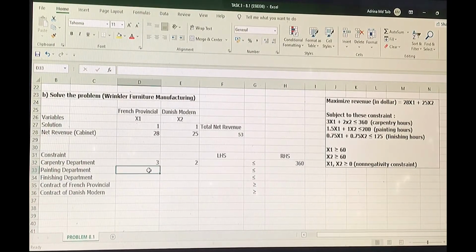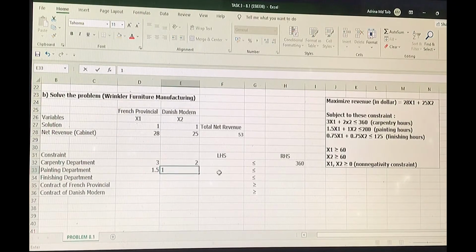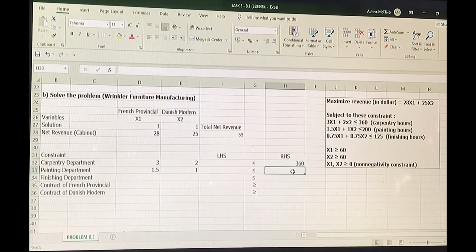Secondly, for the painting department, the constraint is 1.5 for x1 and 1 for x2, and this constraint is less than or equal to 200. So we put 200 at the right hand side.